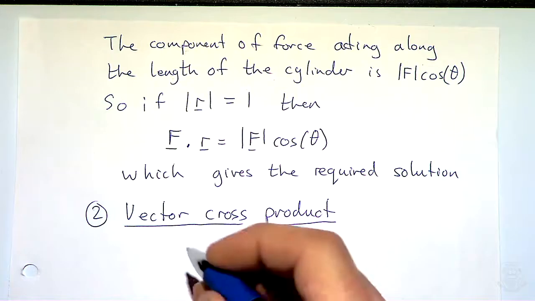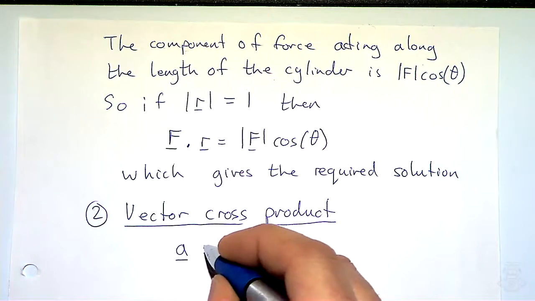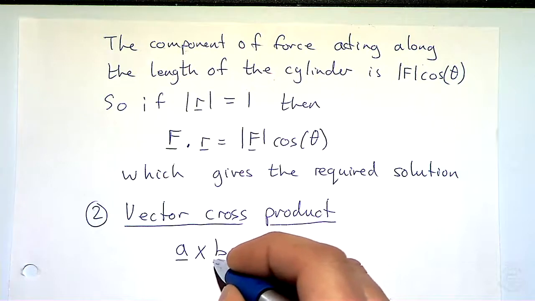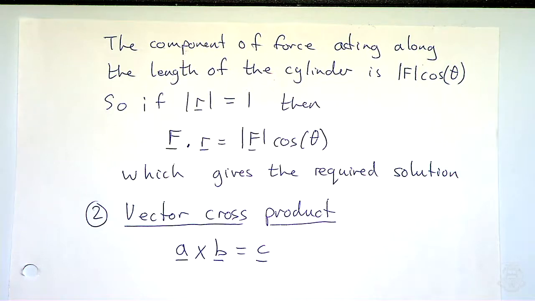If we have two vectors, let's call them A and B this time, it's written like this: A crossed with B equals vector C. So the outcome of the cross product of two vectors is another vector.